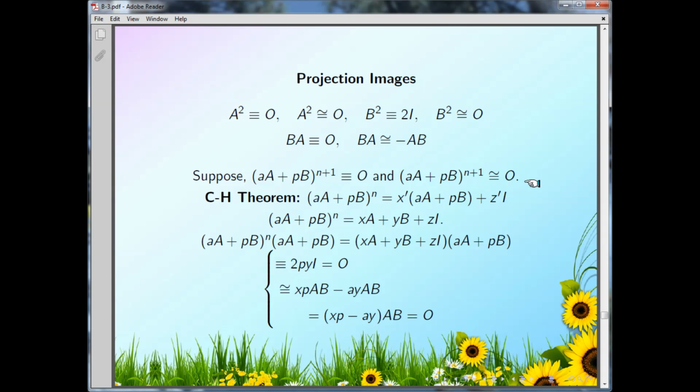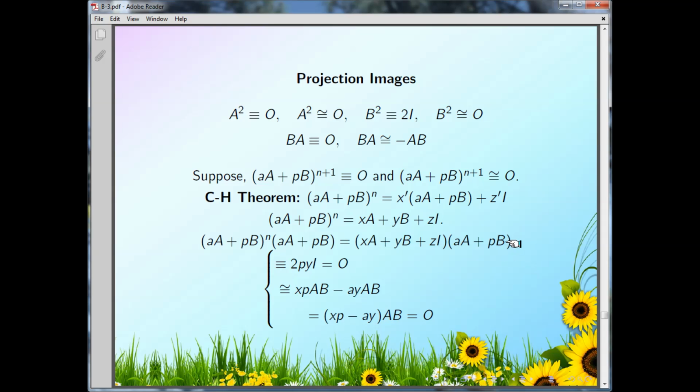So let's calculate the AB component. Oh, I forgot that IA and IB don't give any I components. Let's focus on the AB component. A squared does not have an AB component. AB, of course, does have an AB component, which is what we're looking for. So here's xp.